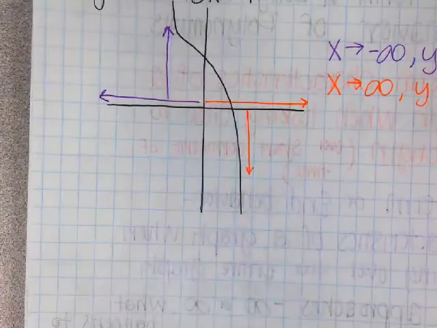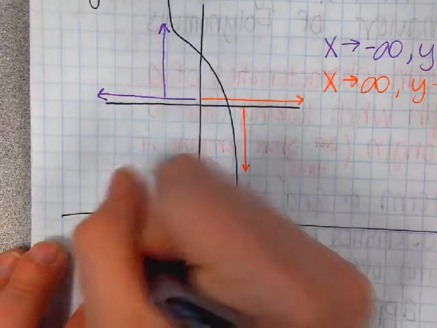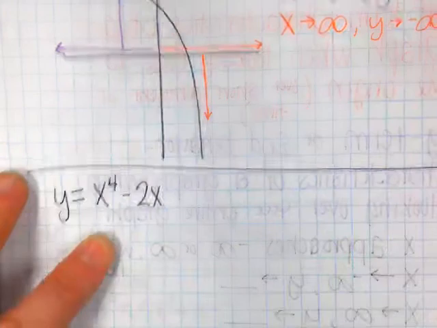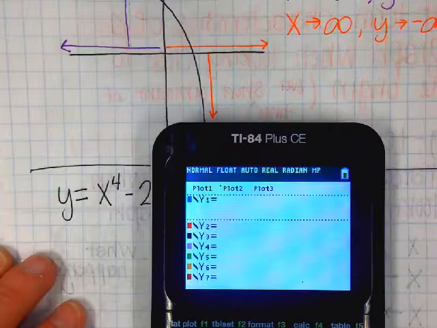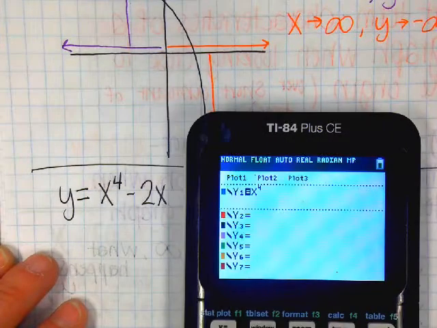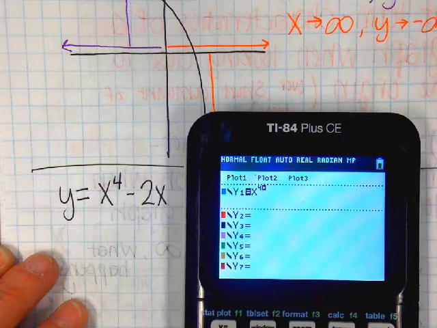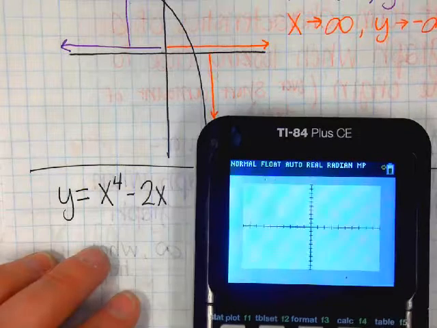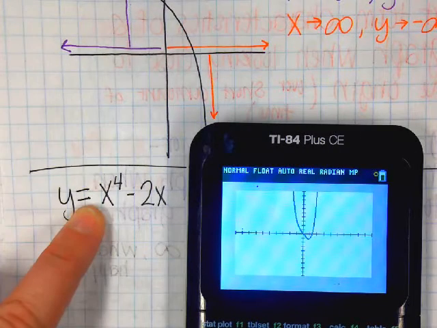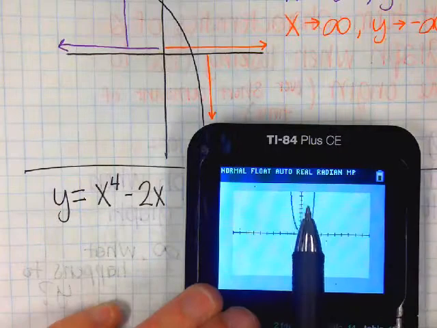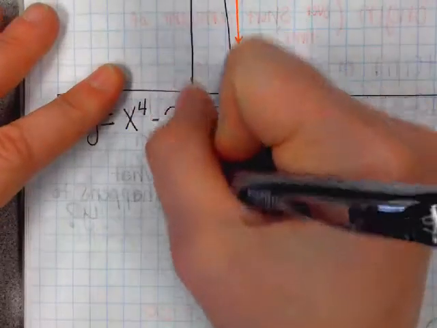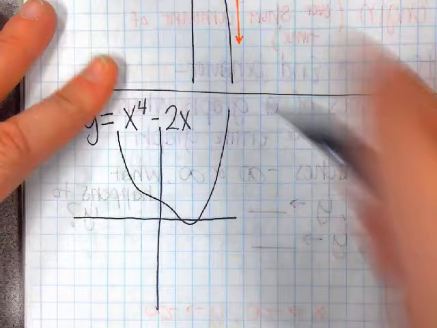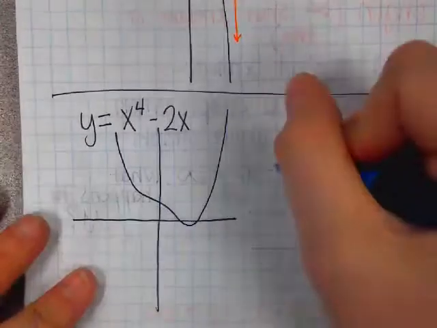Now let's go ahead and do a positive, or an even degree. So y equals x to the 4th minus 2x. So hit graph. Notice this is a positive leading coefficient. Again, we don't care about what's in the middle. So it looks like that.